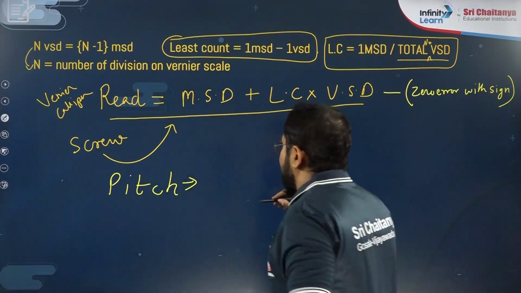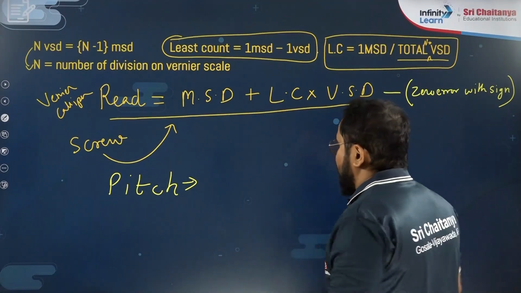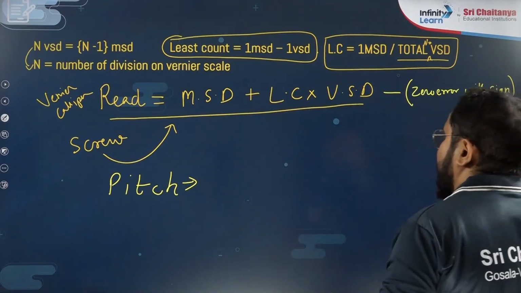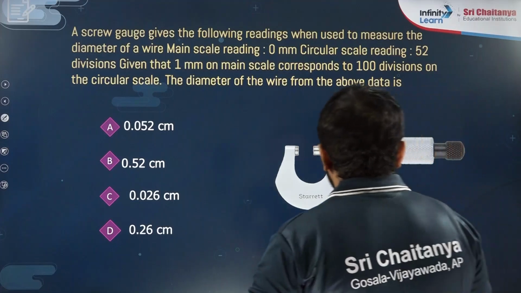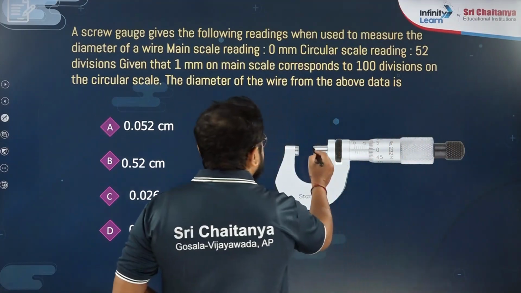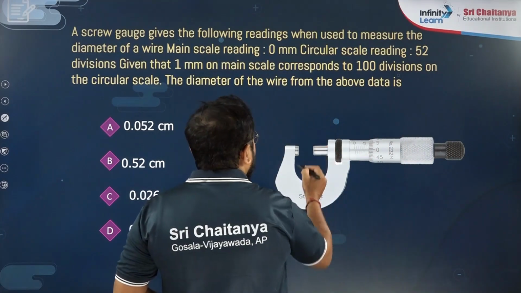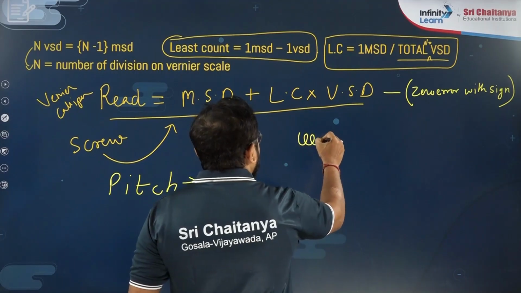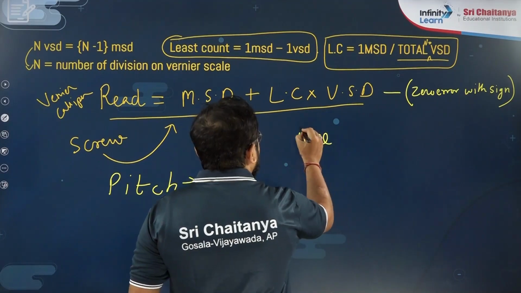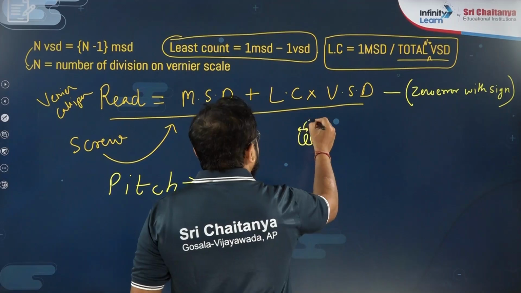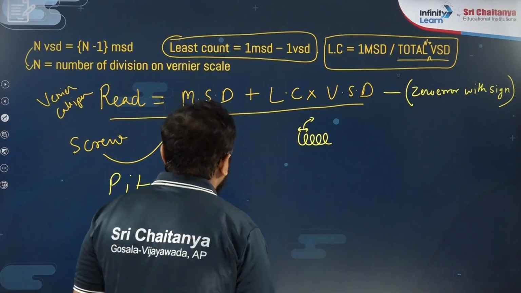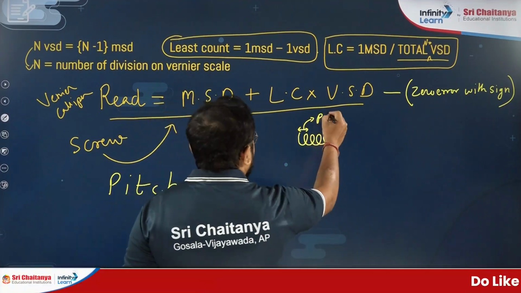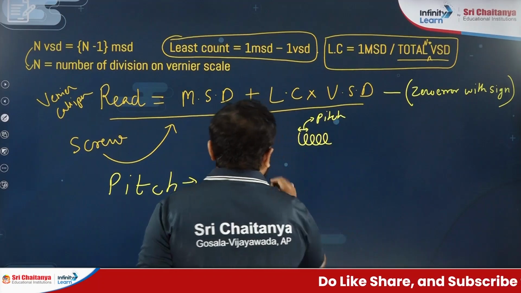In the picture of the screw gauge you can see a screw type format, something like this. So the distance between one complete rotation is known as pitch.